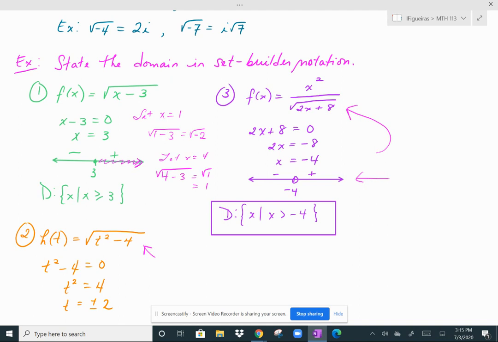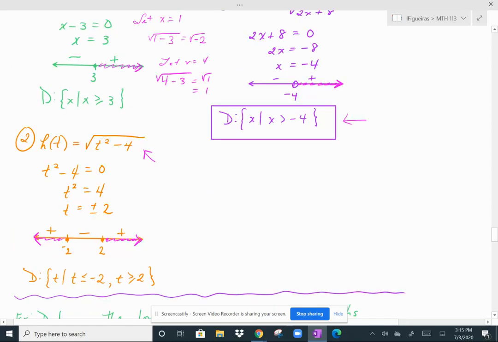But if you pick something greater than negative 4, like negative 3 or 0 or 2, it doesn't matter what you pick, I get a positive number inside the radical, which gives me a real number result. So everything that I'm shading has to be in the domain. Here your domain is the set of all x such that x is greater than negative 4, but not including negative 4.